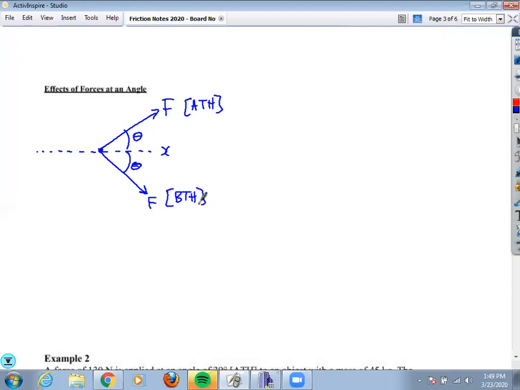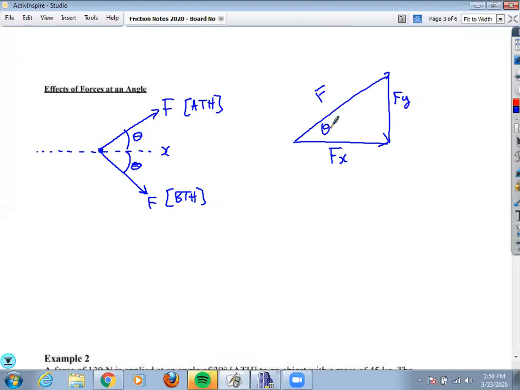So what will happen is that when a force is applied at an angle, there's going to be components. And because this is always measured from the horizontal, we can make a conclusion here that if we have our applied force above, F, we'll have two components, Fx and Fy, and that's our theta.